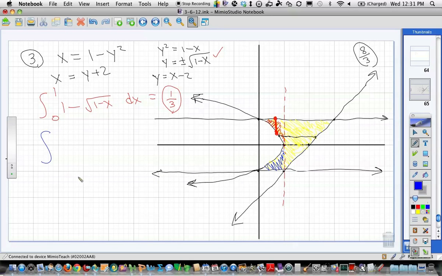So the integral would go from 0 to 1, a vertical strip, top y coordinate is the negative square root, which is the bottom half of the parabola, minus the bottom y coordinate, -1, change that to add the opposite, with dx, there's your integral, and of course you type that in and you get 1/3.